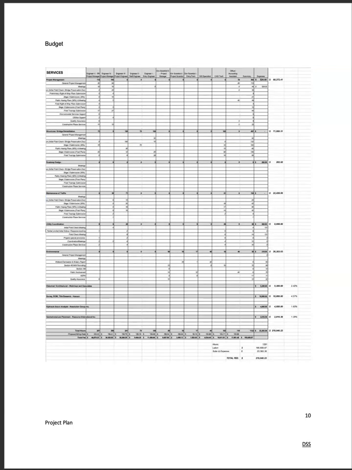The next part of this project plan is the budget, and the way I broke this down is pretty much based on the services that are being performed by different parties.